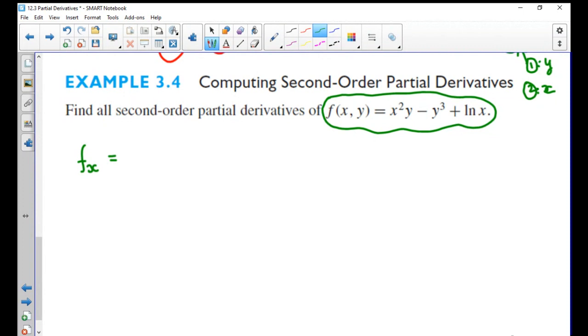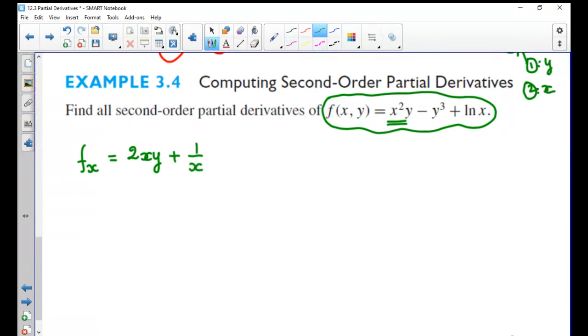So fx, what is it? 2xy, from this. And then y cubed gives 0. Ln x gives 1 over x. So basically, plus 1 over x.